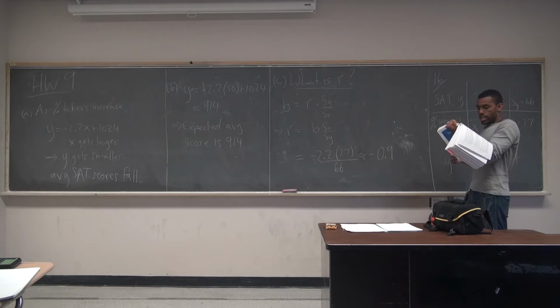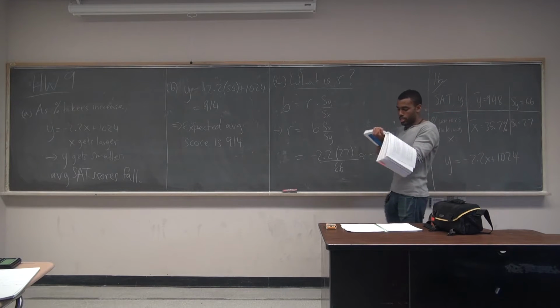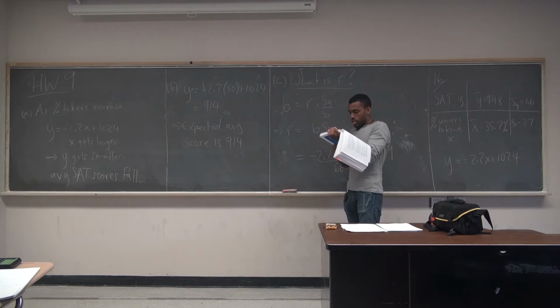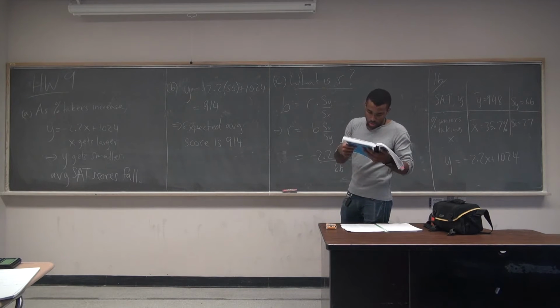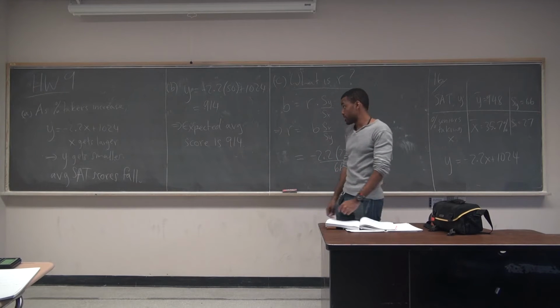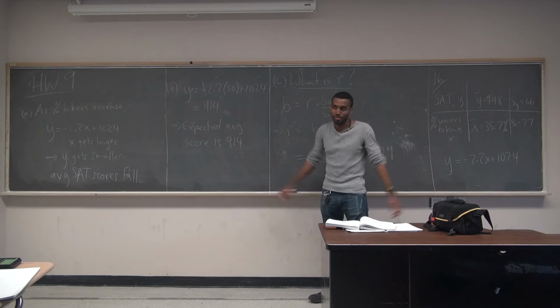Suppose the state had a 50% participation rate and the scores averaged 1,000. Give a statistical explanation why this should be considered an extremely good result. It's an extremely good result because we expect it to be 914.